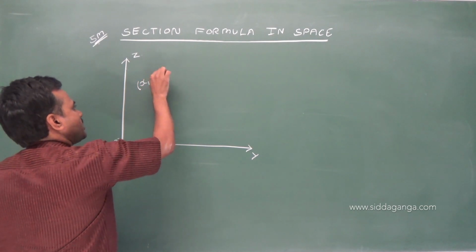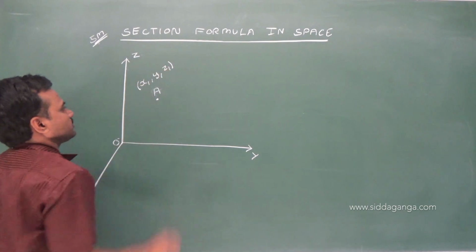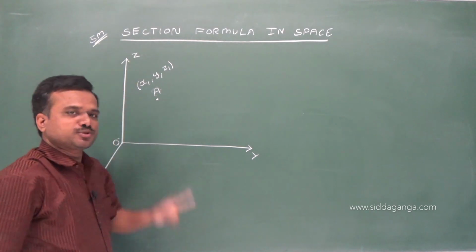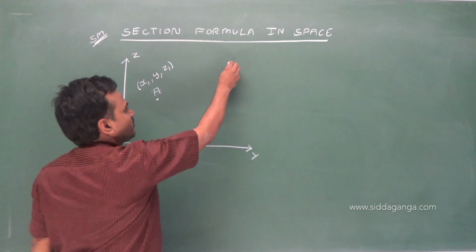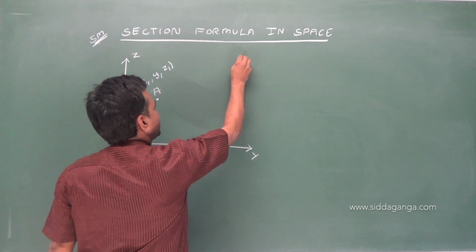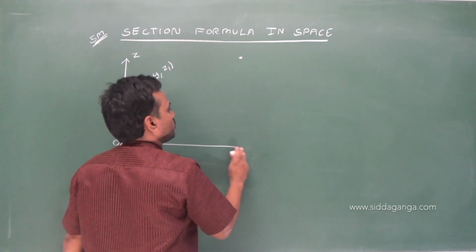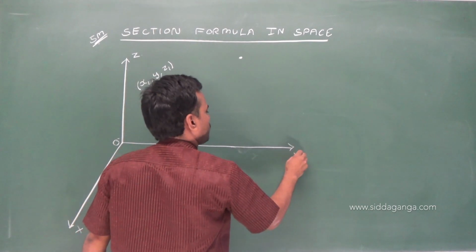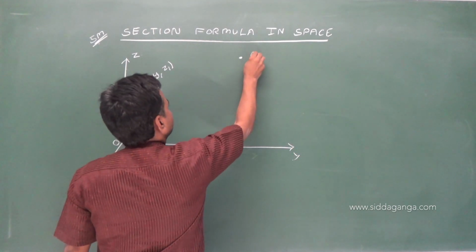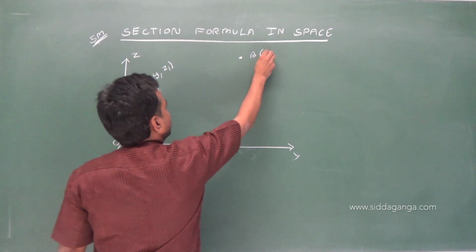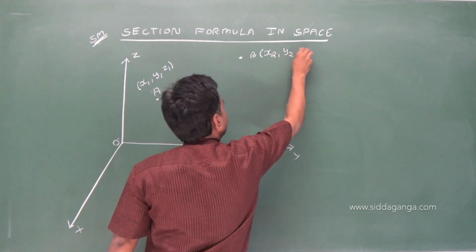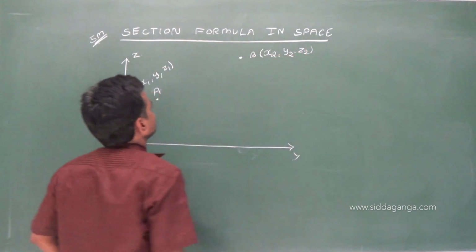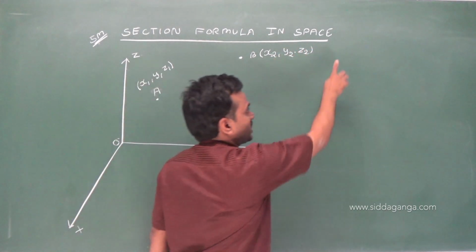A of x1, y1, z1 be a point in space. I draw one more point. B be a point x2, y2, z2. These 2 points in space I have written here.